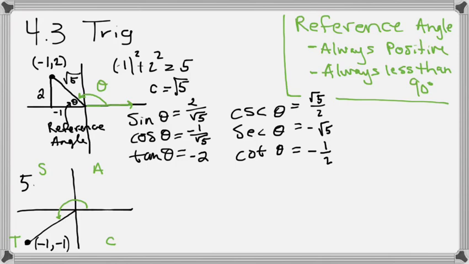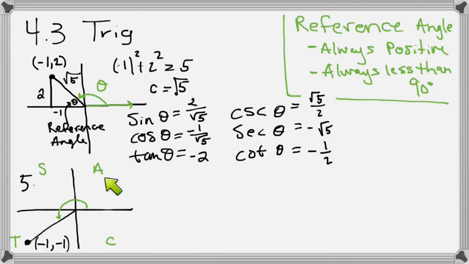So when I go to look at my sine, cosine, tangent, and all that other stuff, then it should hold true, and it always will. Okay? So, listen. When you're looking at it, you've got A, which stands for all. Since all the x and the y coordinates are positive, they're all positive.